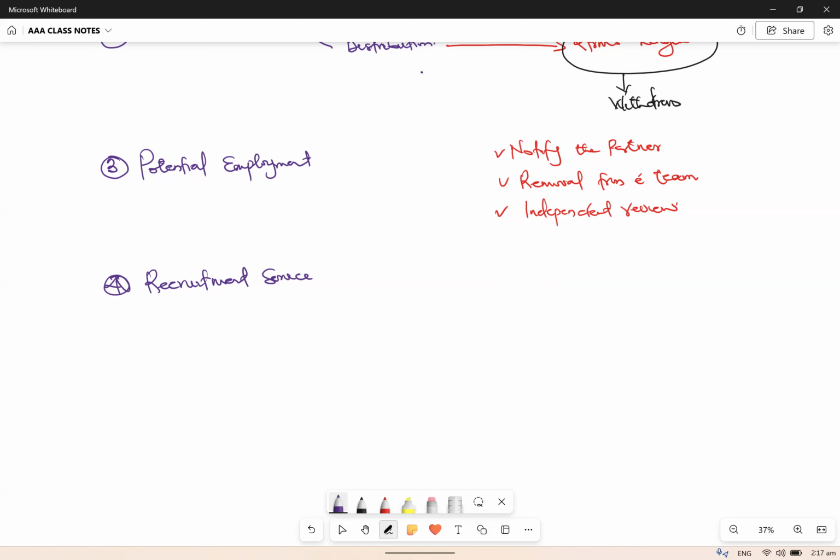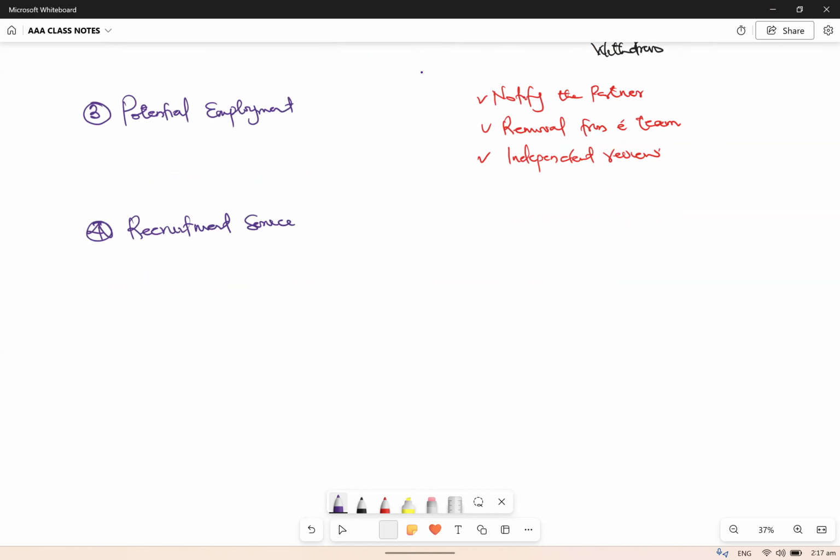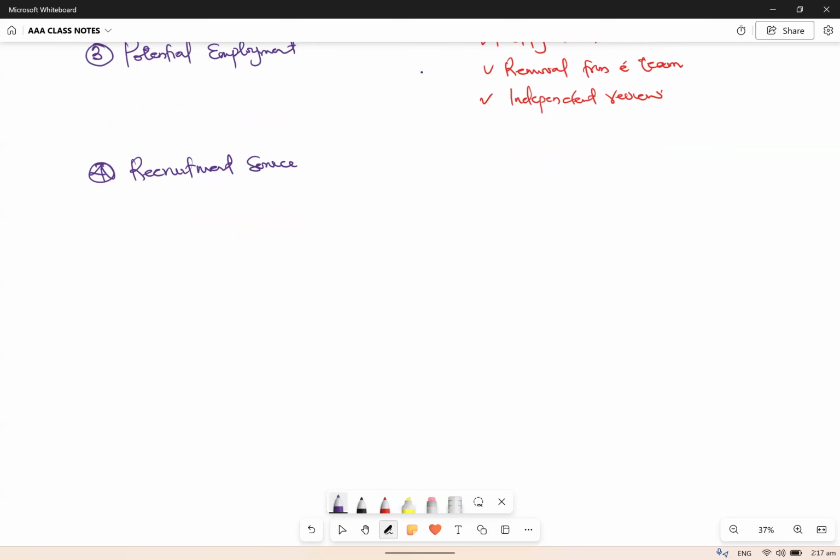They do their recruitment for them. Now, they are the same person auditing the firms they do the recruitment for. So, how do you see a threat inside that? Yes, anyone? How do you see a threat out of that?